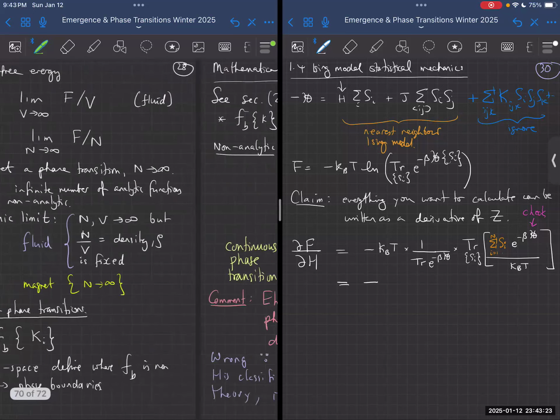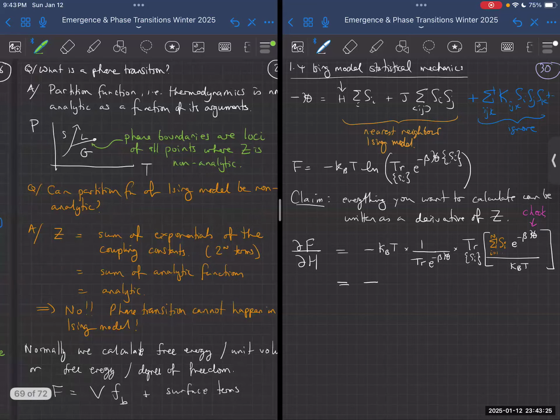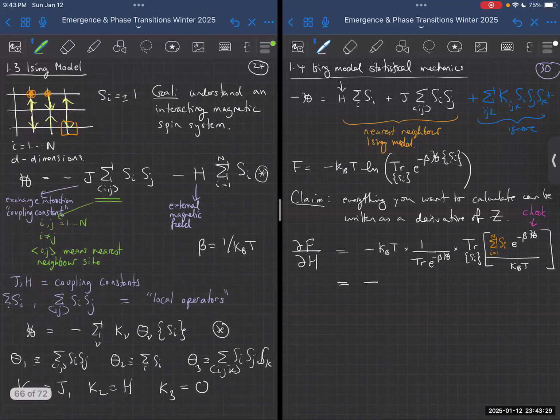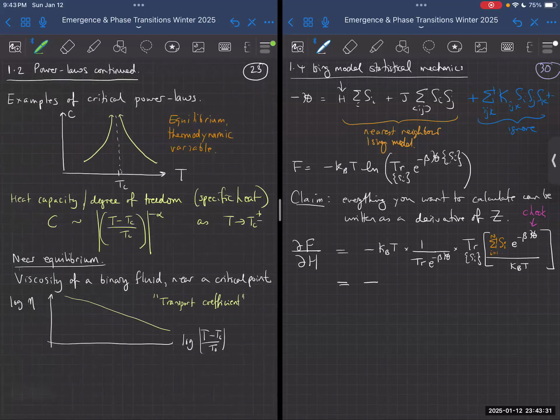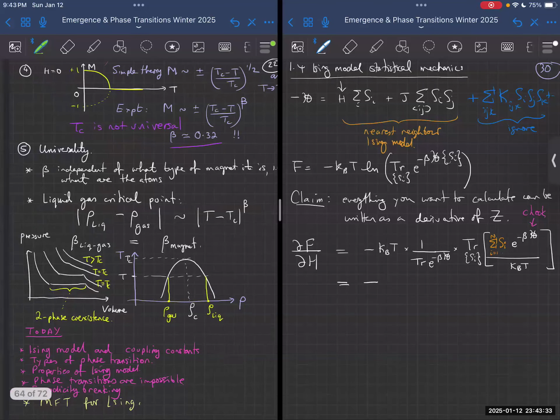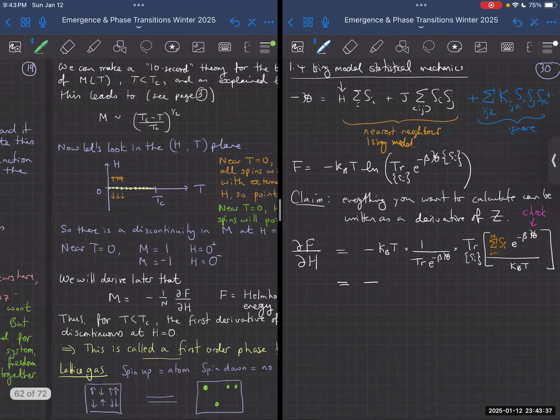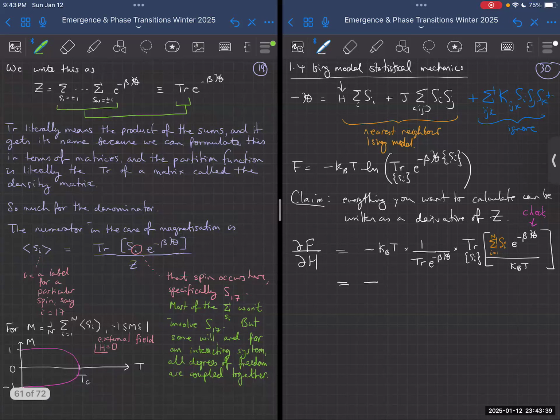Well, scoot back a couple of pages, and that, as you can see, is just what we mean by the thermal expectation value of the sum over Si.